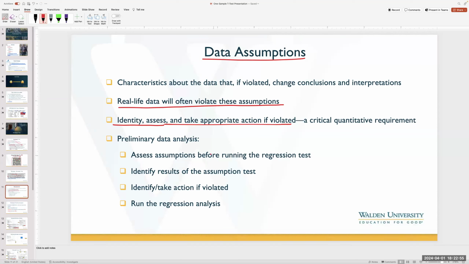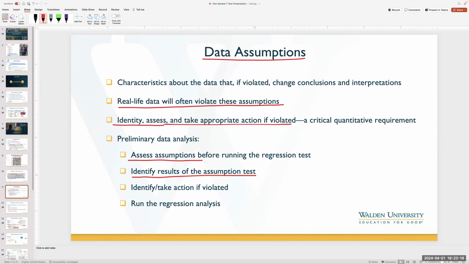Now, basically in the research process, when you open up that data set, you're going to assess those assumptions before you run the one sample t-test. You're going to identify the results. Did the data meet those assumptions, or did the data violate those assumptions?